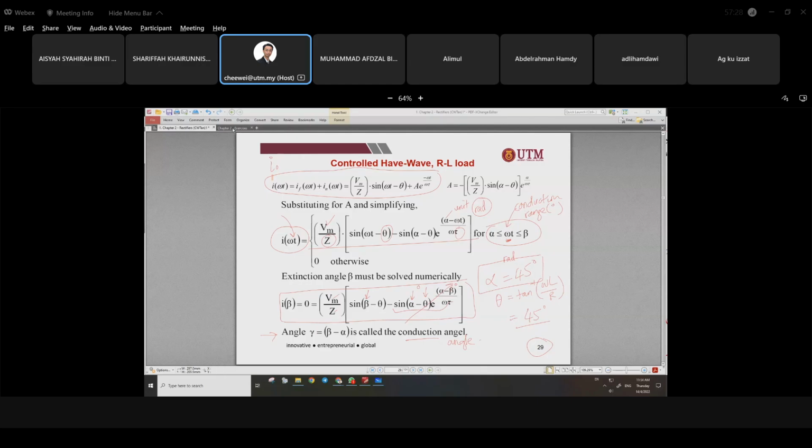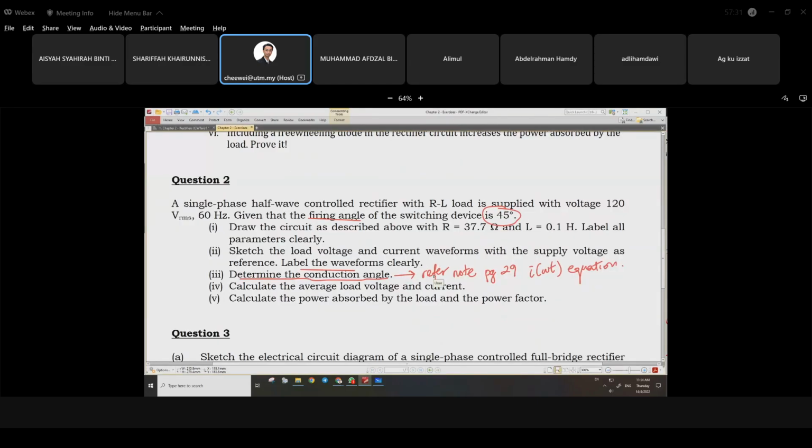Okay, next. Can we calculate the average load voltage and current? Average voltage, what is the equation we should use for V out?